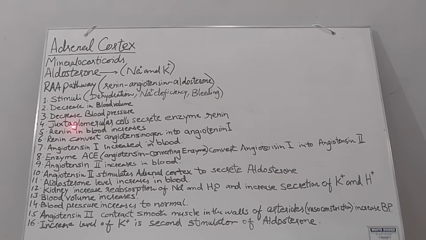The kidney cells are called juxtaglomerular cells, and as a result of the decrease in blood volume and then blood pressure, these cells secrete an enzyme. Its name is renin, and because of this enzyme, this pathway is called the renin angiotensin aldosterone pathway.